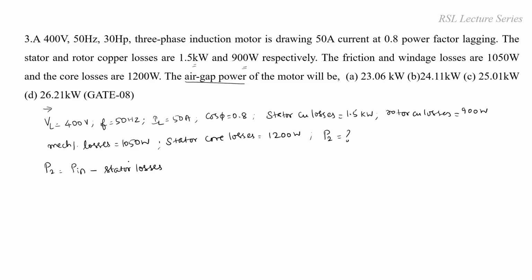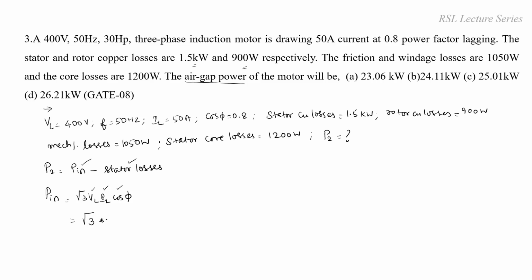Now we have to find out the input power. Input power can be written as root 3 into VL IL cos phi. This is the power input given from the three-phase AC supply to the induction motor. We have the VL value, IL value as well as the power factor, so on substituting all these values we'll get the input power.